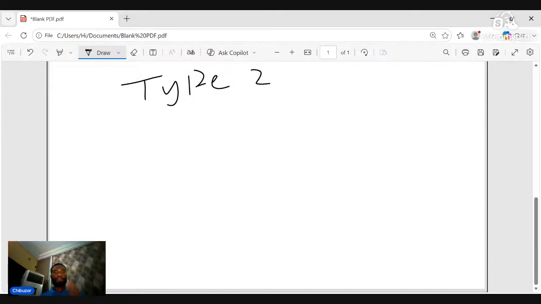Remember, the first type is a simple equation where you just have to convert the bases to the same thing. But type 2, you have to expect fractions, equations requiring fractions.